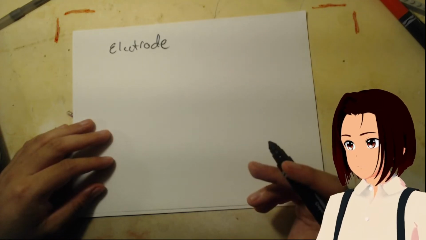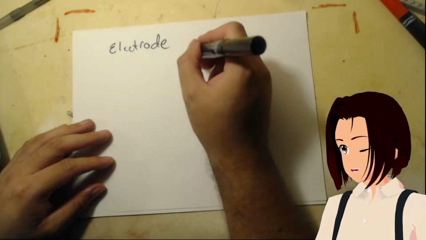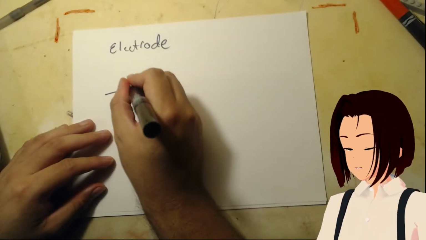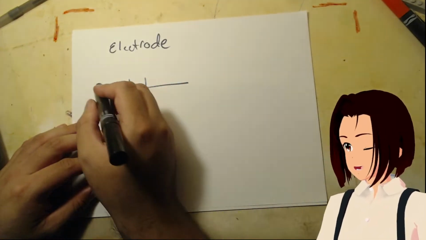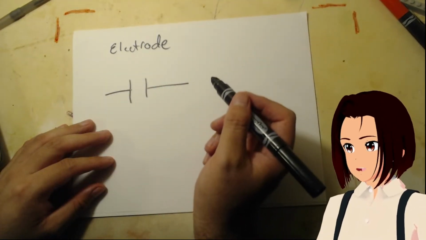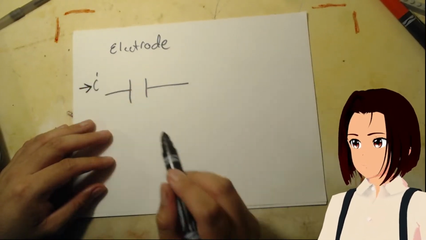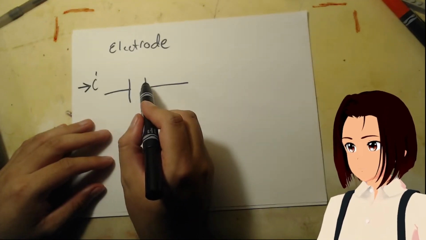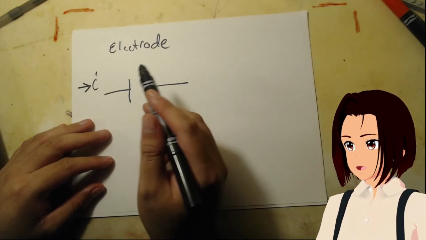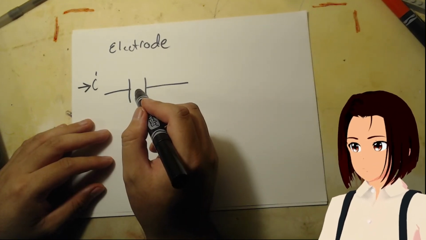Like a capacitor, when you have two little metal plates, and for a very brief amount of time you have current flowing through it. These parts right here are electrodes, and the space in between is a dielectric.